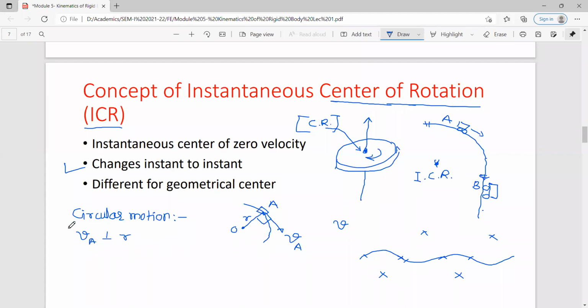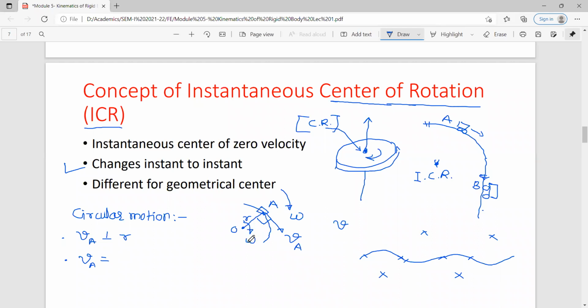It is the first point. Next point, it is about the direction. Okay, let us see the magnitude. What is the magnitude of velocity of point A? Suppose that the angular velocity is omega. Angular velocity is the velocity with which this radius is turning, like this, is omega.